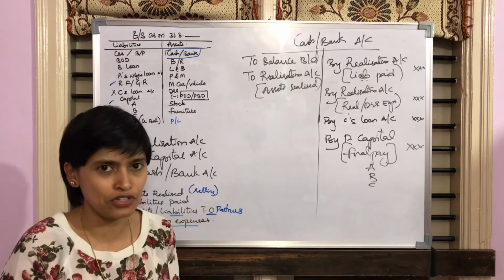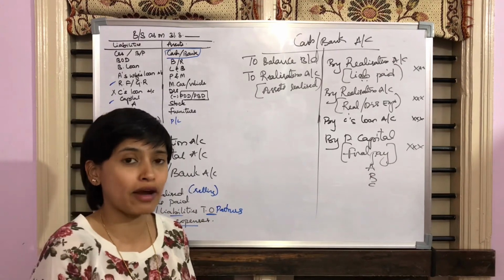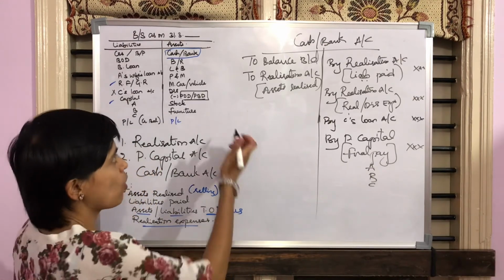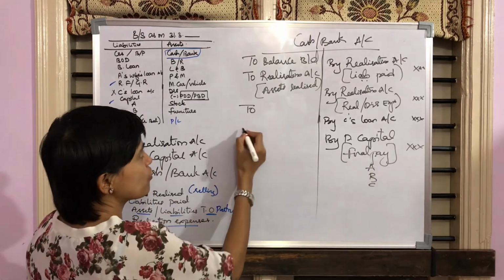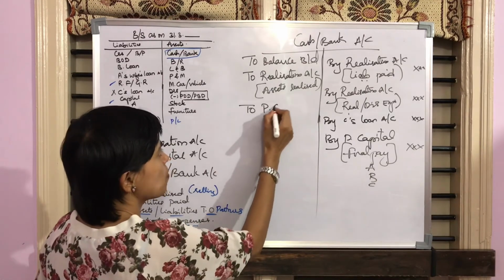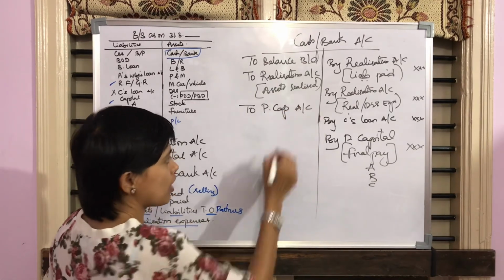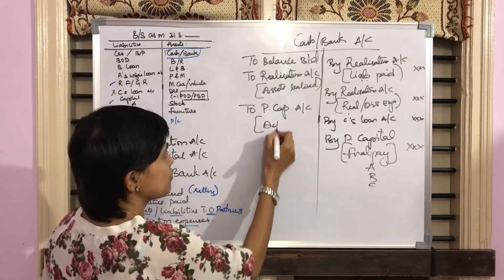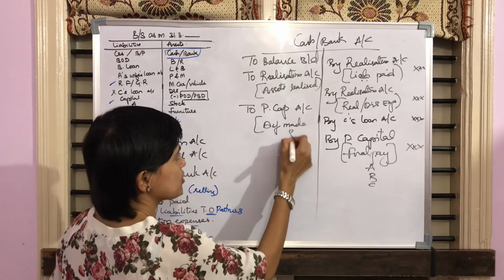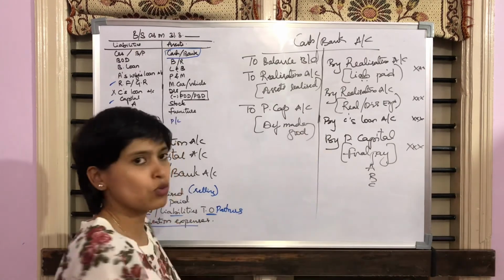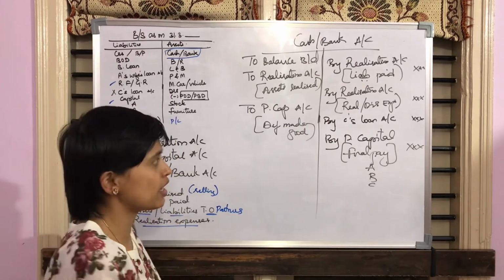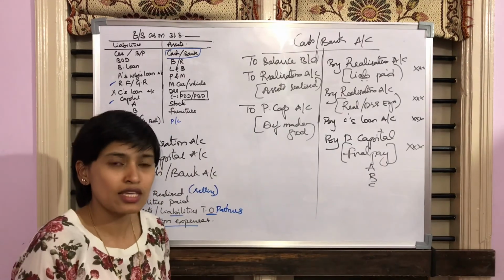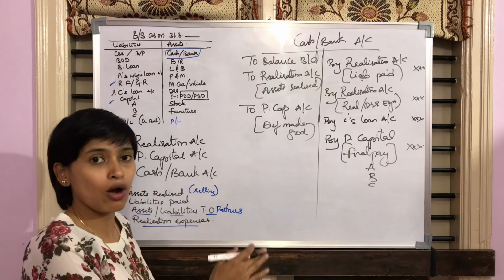Let's say if there is a deficiency, which will reflect in your partner's capital account on the credit side, that amount will be written on the debit side of cash or bank account as to partner's capital account, which will be written as deficiency made good. See, whoever the partner has got a deficiency, that partner will bring the amount to the business. So with this, we will complete the cash or bank account.